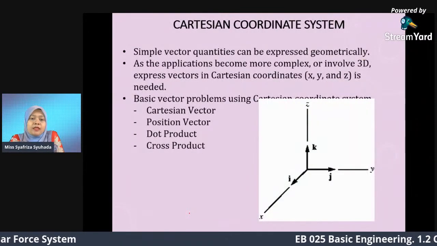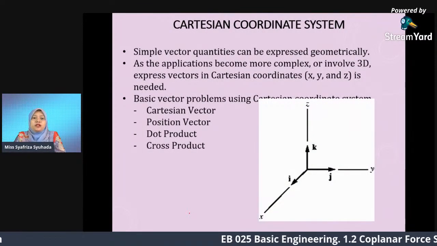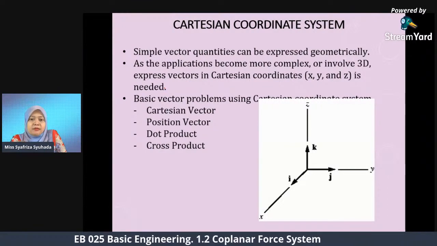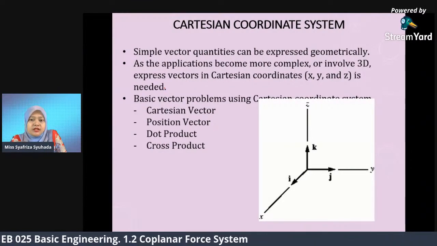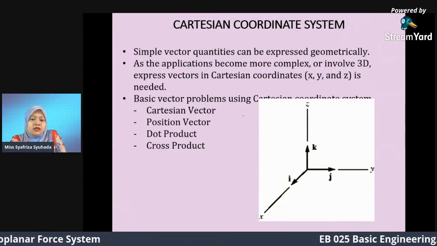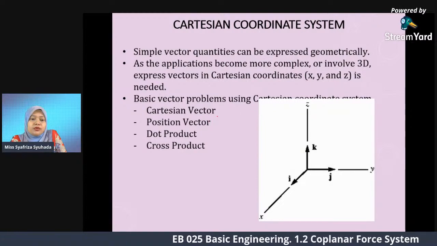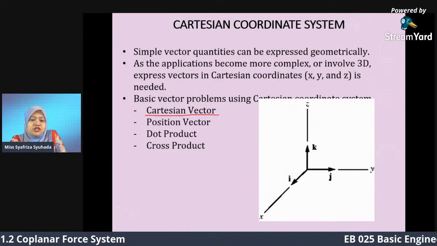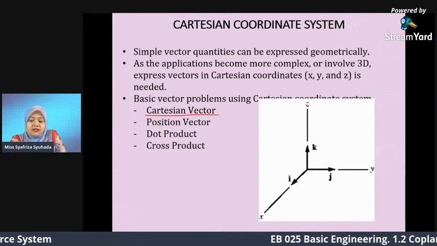Alright. So the Cartesian coordinate system. Simple vector quantities can be expressed geometrically when it involves either 2D or 3D. For Cartesian vector coordinates, actually we can use Cartesian vector, Gaussian vector, dot product and cross product. But in our syllabus, we just cover the Cartesian vector.